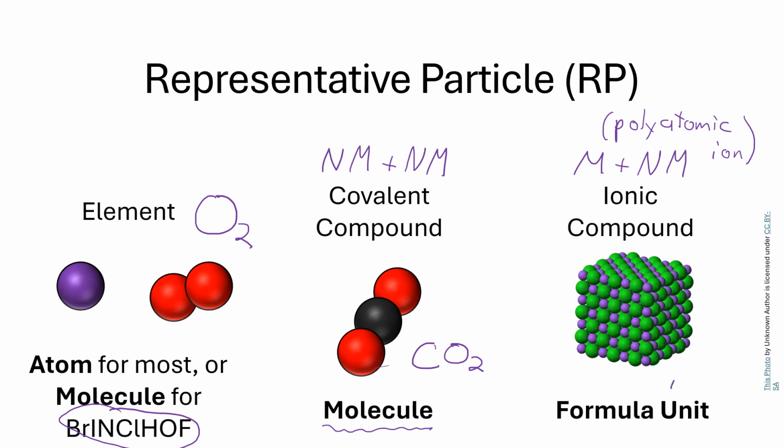So for instance, this substance is a representation of sodium chloride. So the representative particle would be 1 sodium and 1 chloride, which I'm attempting to circle down here in the bottom left corner. So if you have just a single sodium and a single chloride ion put together, we call that the formula unit. That is just literally the atoms that are listed in the formula. That's the representative particle for an ionic compound.